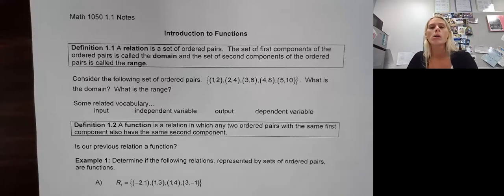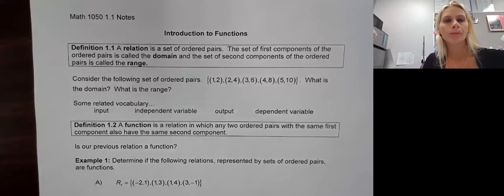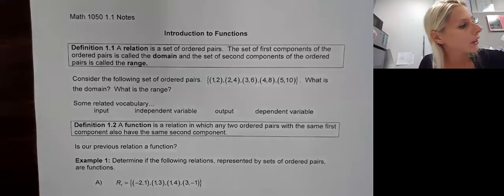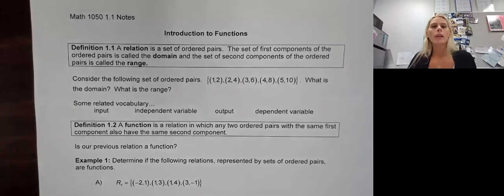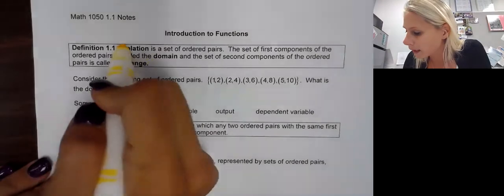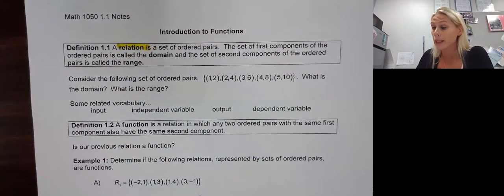So 1.1 is the introduction to functions. So we want to look at the definition. Sorry guys, I need my highlighter. Okay, a relation is a set of ordered pairs. Vocab is really important when you do math because it tells you which way to go.